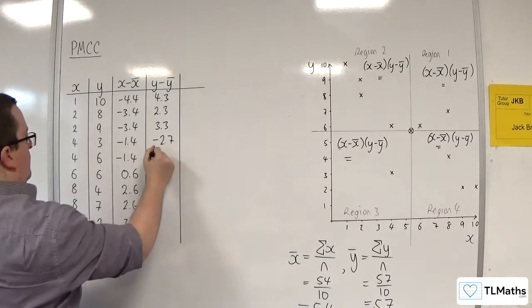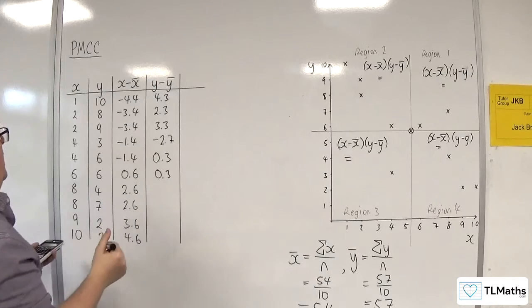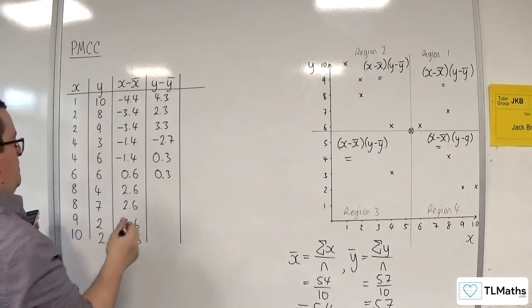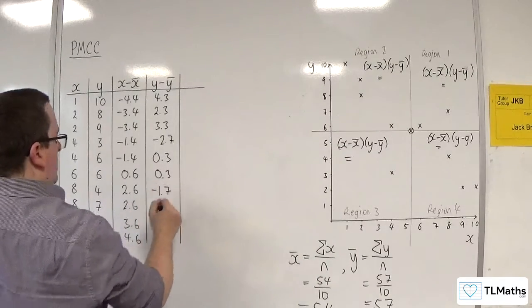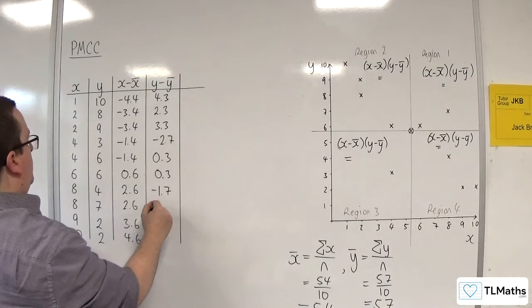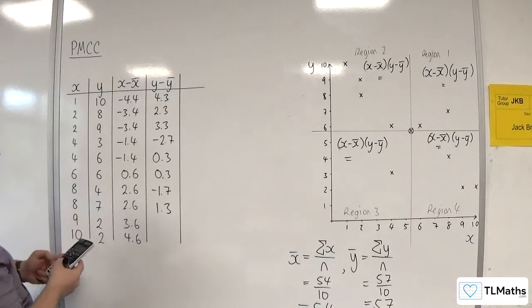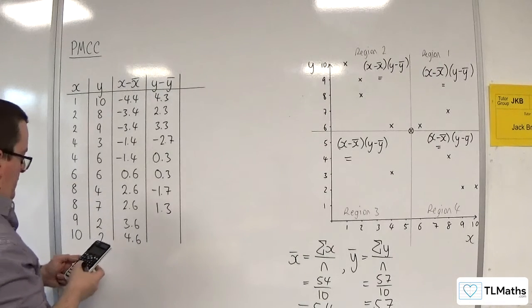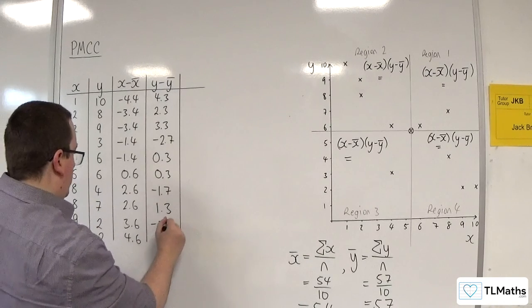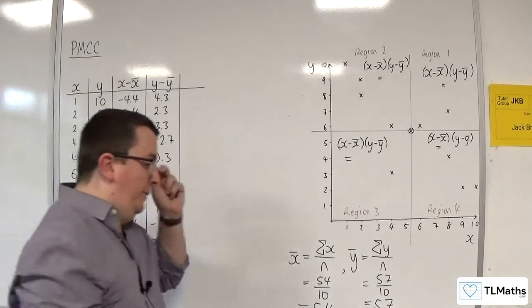Then 0.3, 0.3. 4 take away 5.7, so minus 1.7. 7 take away 5.7 will be 1.3. 2 take away 5.7 will be minus 3.7 and minus 3.7. Okay, right, so we've got those.